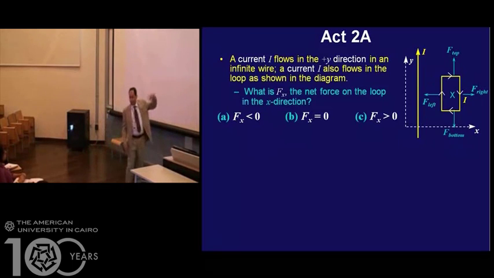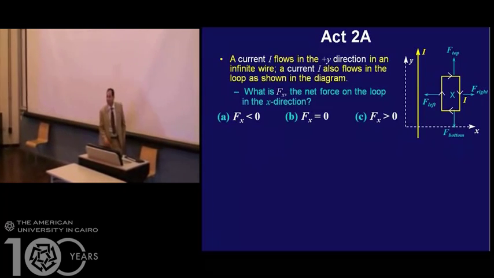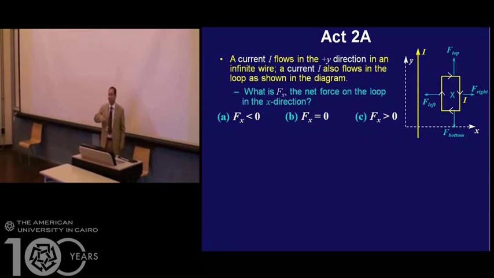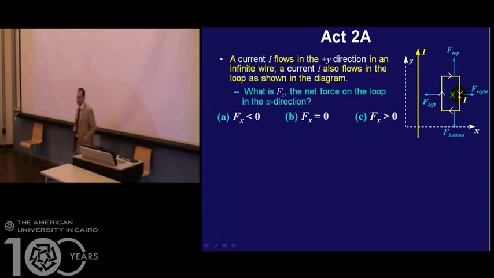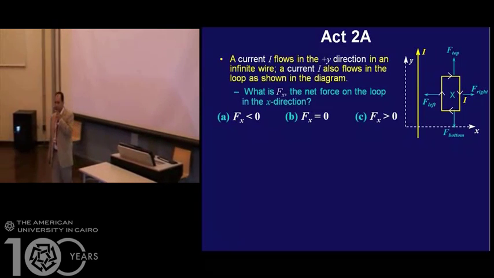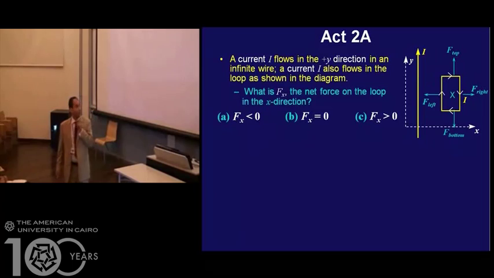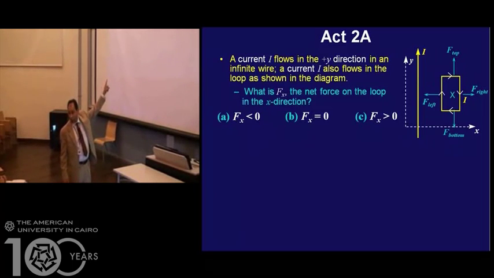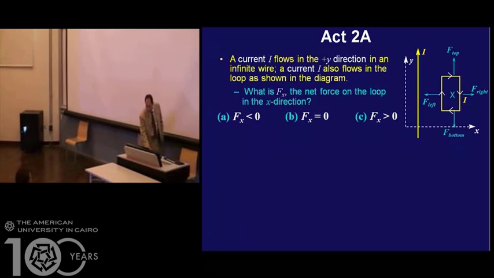So, going back to the left segment of the loop, what will be the direction of the force on that segment? Alaa. On that segment, what will be the direction of the force? Why right? Yes, because you can read. Other than that. Because that infinite wire produces in here a magnetic field that's into the screen.